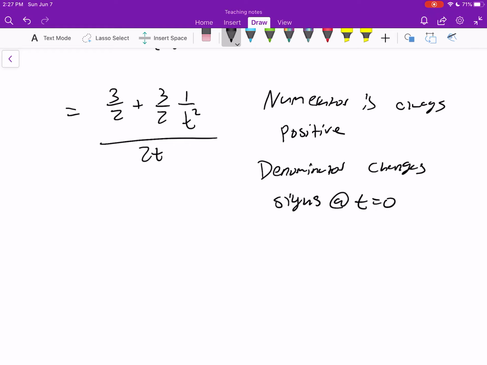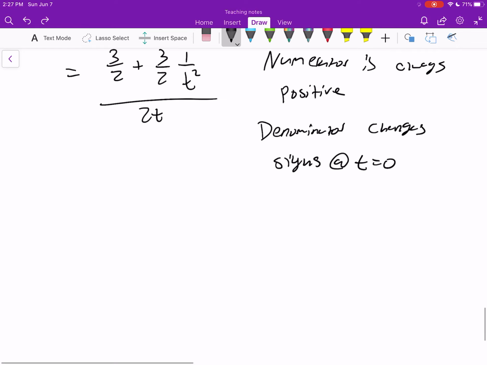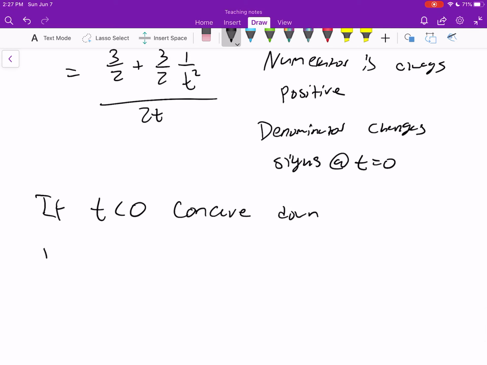If t is a negative number, this whole thing is negative because of the t downstairs. If t is positive, the whole thing is positive because the t downstairs is positive. So if t is less than 0, we're concave down. And if t is greater than 0, concave up.